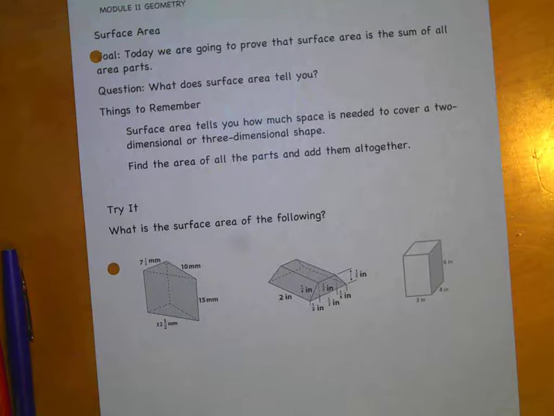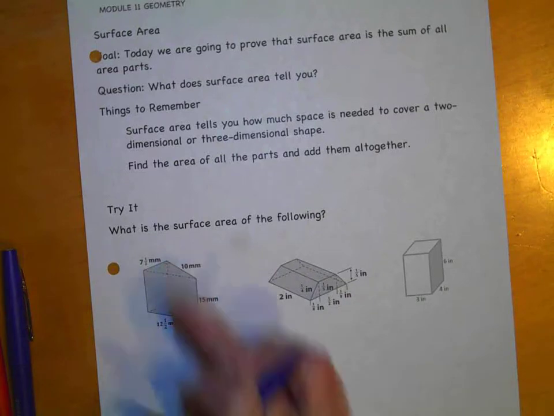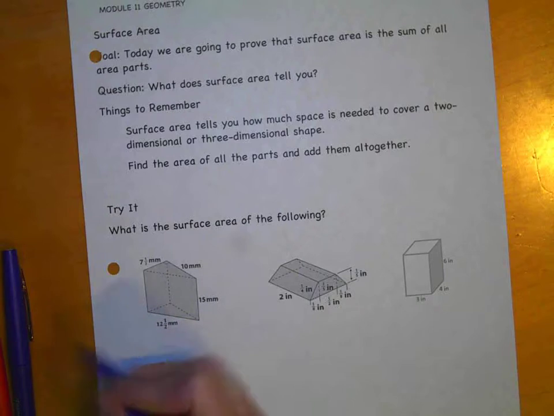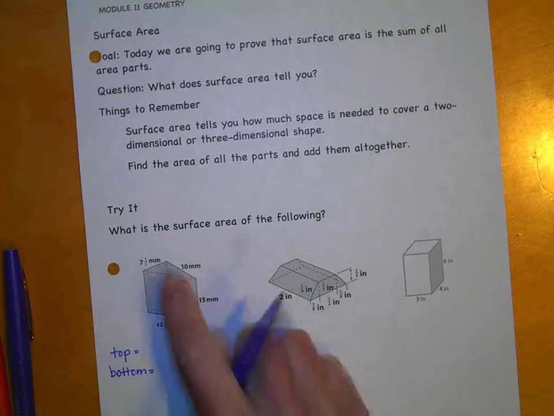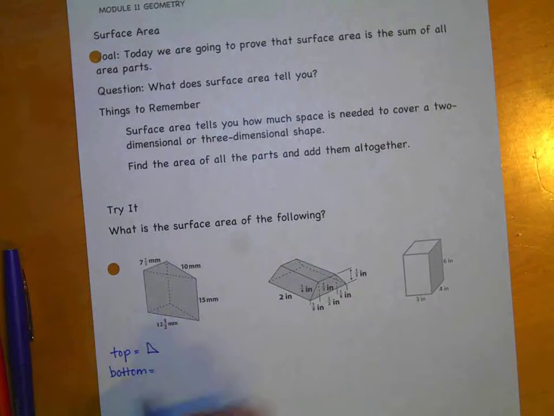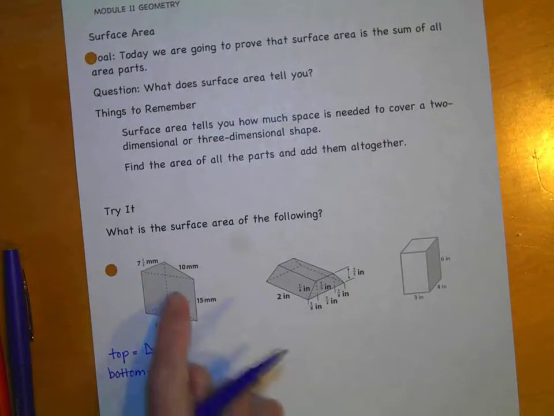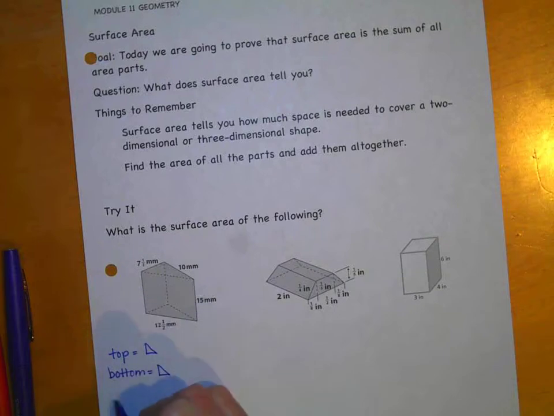So one thing that I like to do to help me with that is identify the parts. This one up here would be the top, this one down here would be the bottom. So I'm going to write top and bottom, and then go back and draw what shape it is. The top is a right triangle, and the bottom is a right triangle. Now I have the front that is staring at me, so I'm going to label that the front.